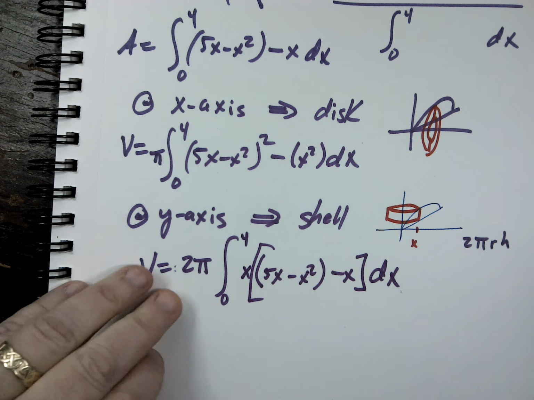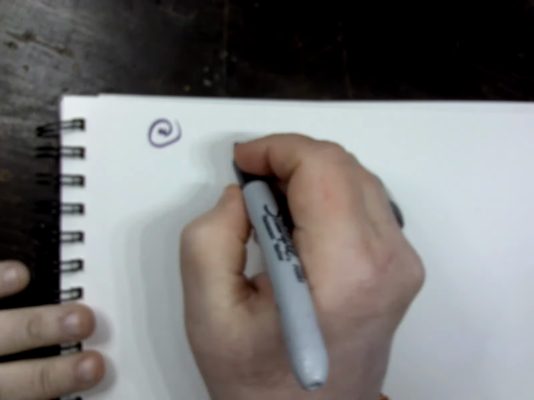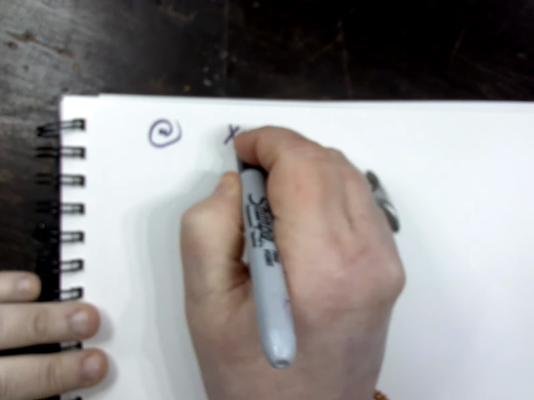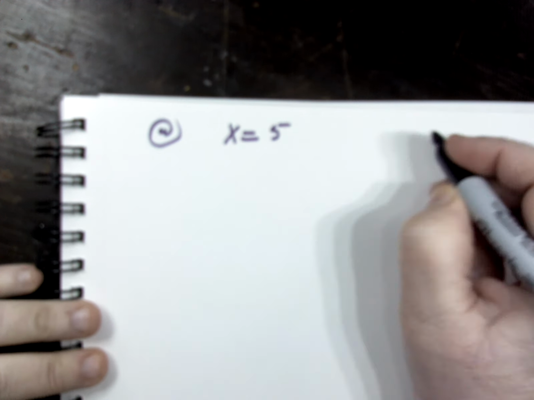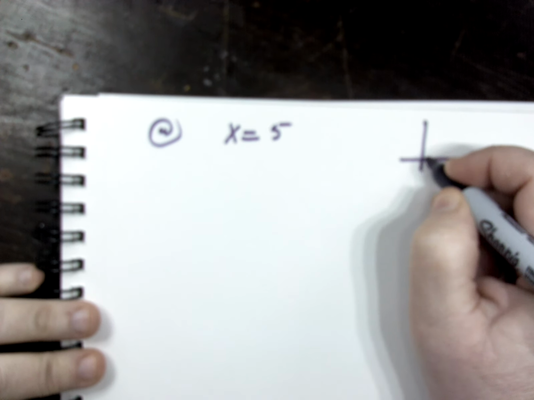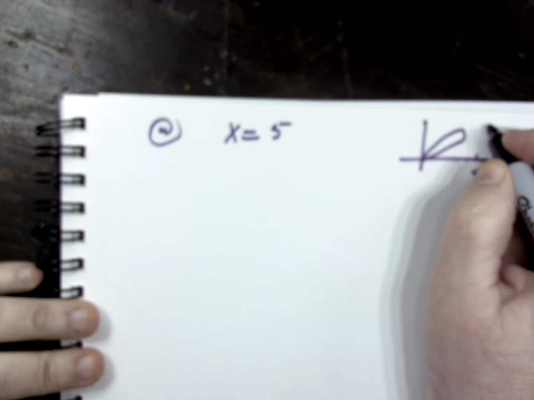Okay, let's throw this thing around a whole bunch of different things. So let's say about x equals 5. Here's my 5.